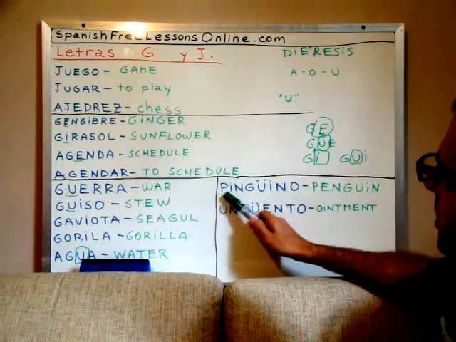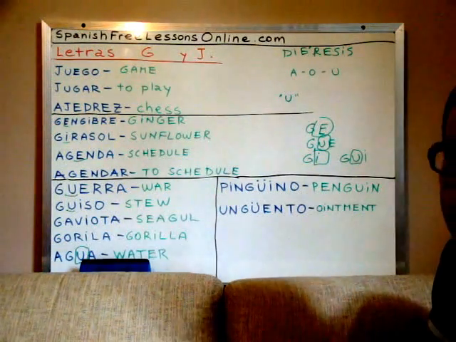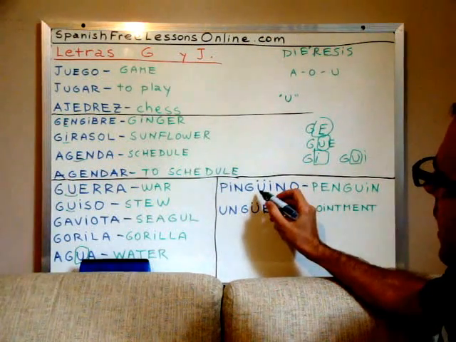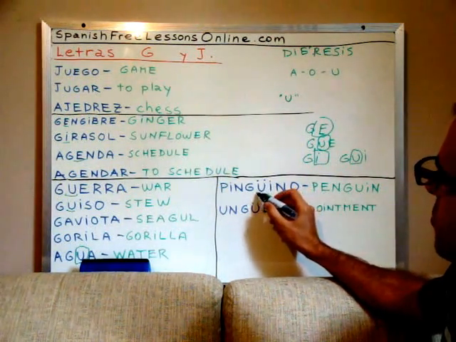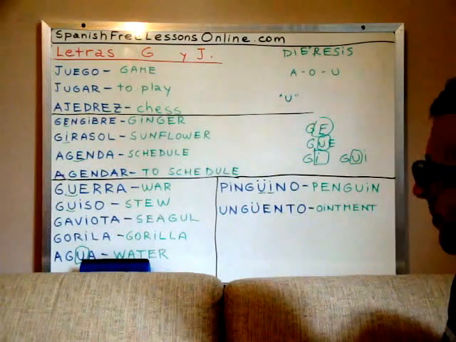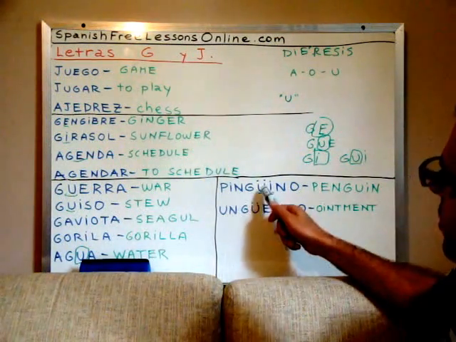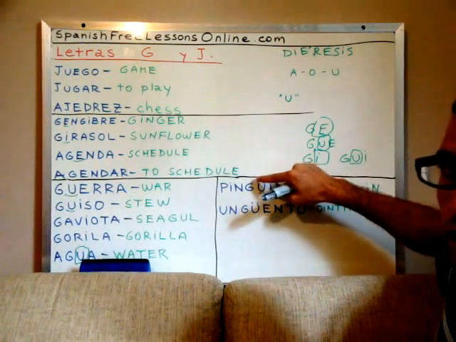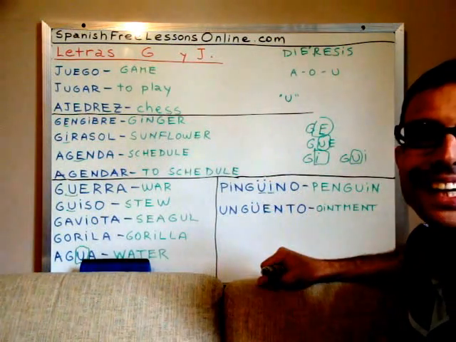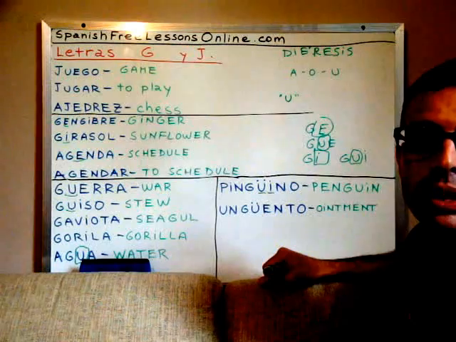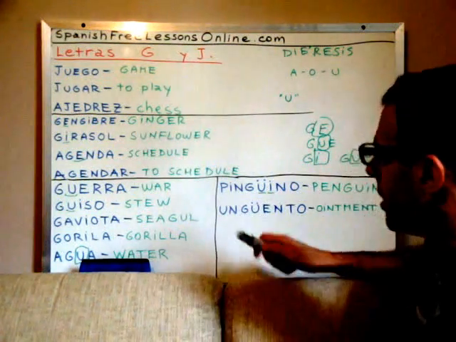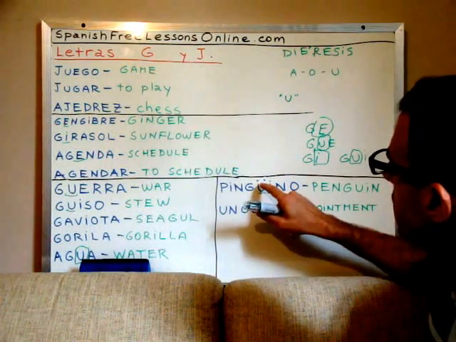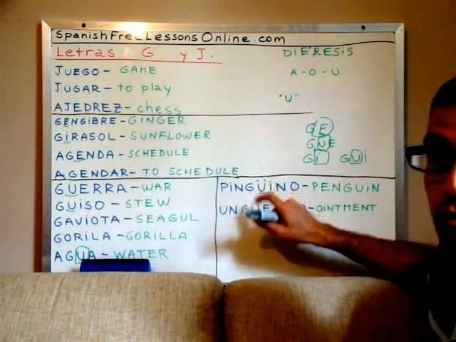For example, pingüino, a penguin, yes? Pingüino, here we have U and I, okay? Pingüino, and the U is not muted. If we omit the diéresis, the two dots, this would be pinguino, right? We would not be pronouncing the letter U. But we do want to pronounce it, we want to say pingüino. So we add these two dots.